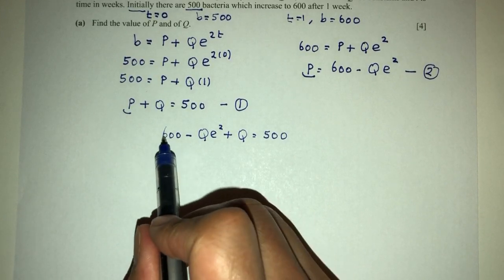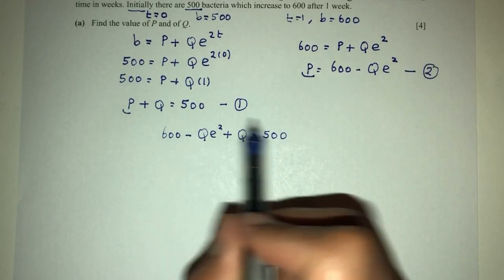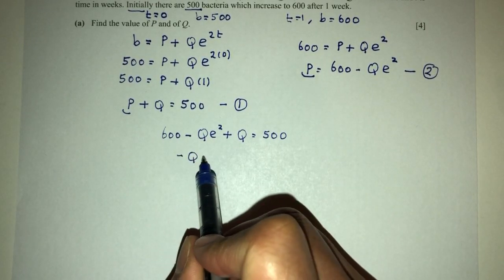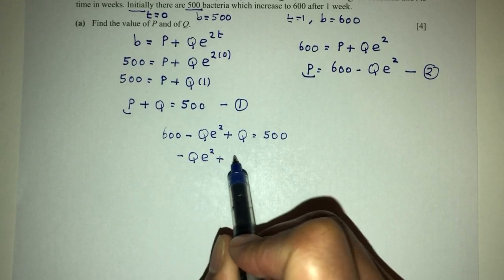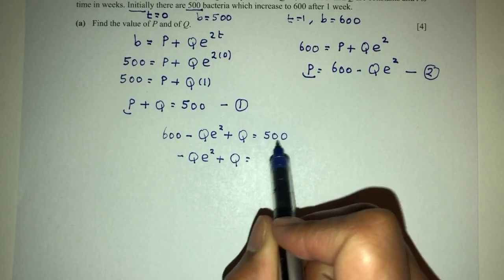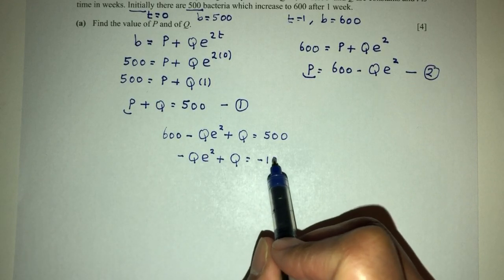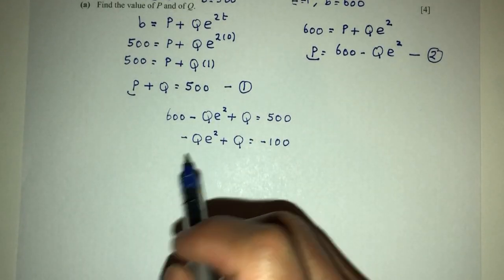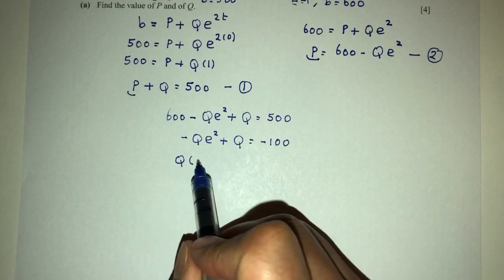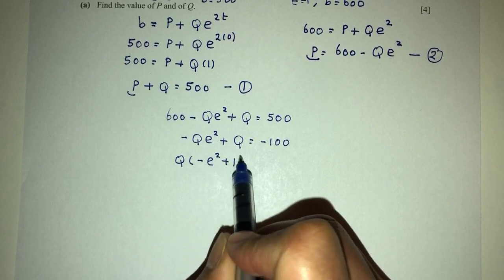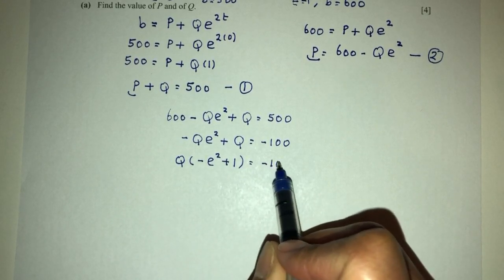So we can first send this over here. You will have minus Q exponential square plus Q. 500 minus 600 will be minus 100. Okay, now we can factorize Q outside. You will have Q times minus exponential square plus 1 is equal to minus 100.